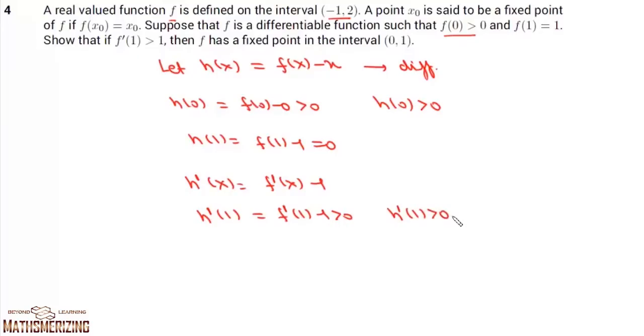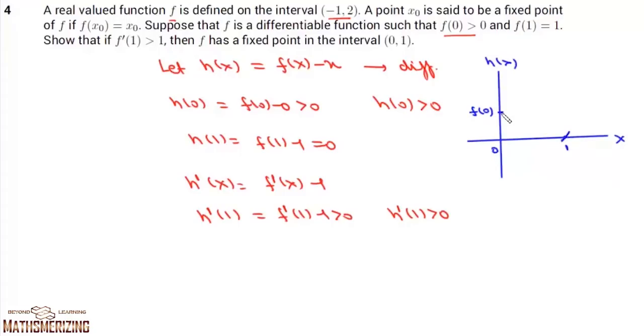This function h(x) is an increasing function. So if we consider this function, then this is h(x) and this is x, this is 0. Now h0 is equal to f0 and h1 is 0, and here it is an increasing function.